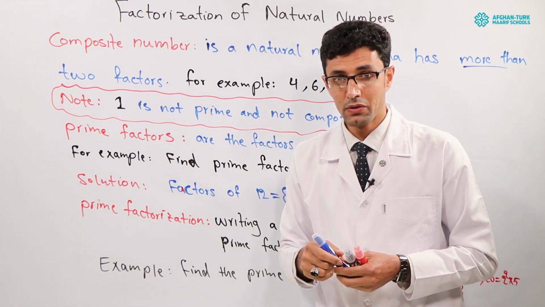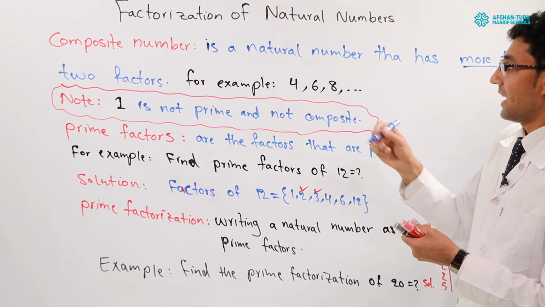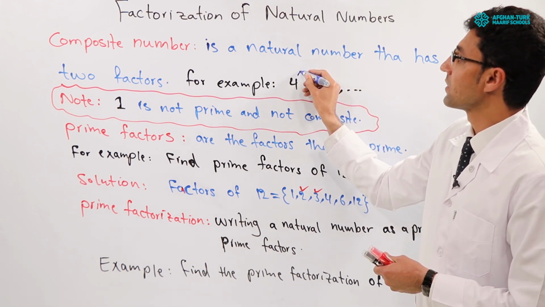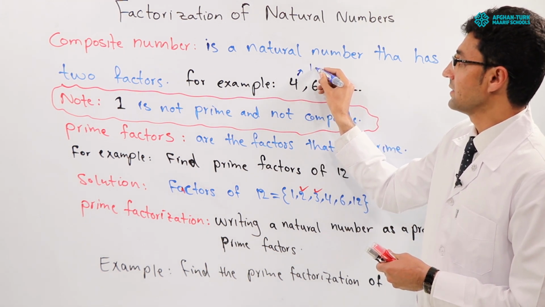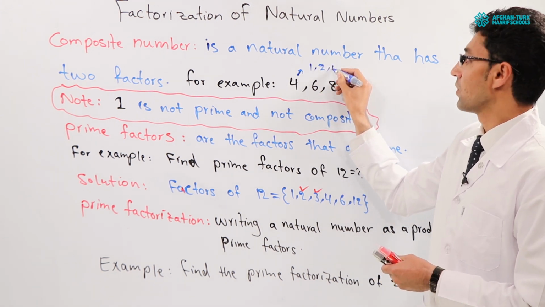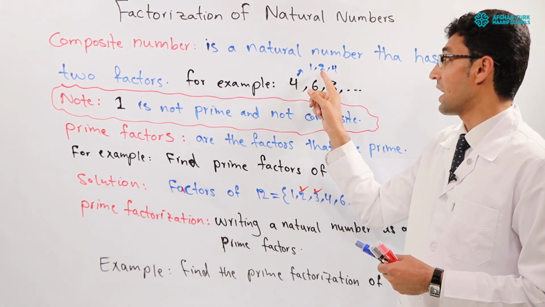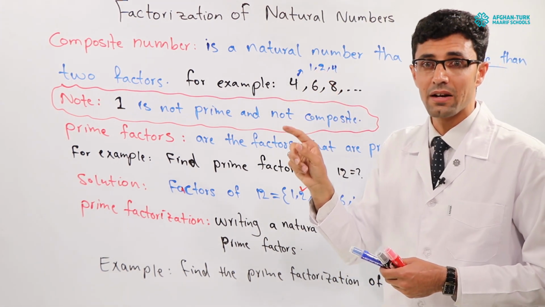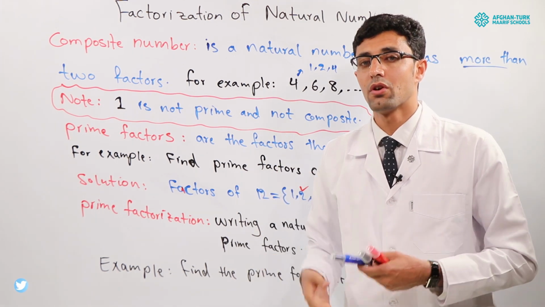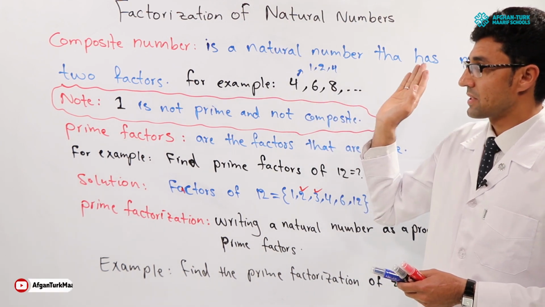For example, 4. The factors of 4 are 1, 2, 4. You see that we have more than 2 factors. This is called a composite number.